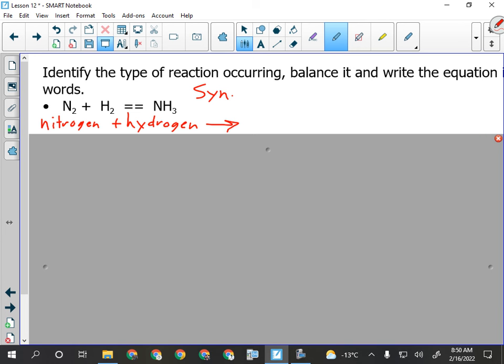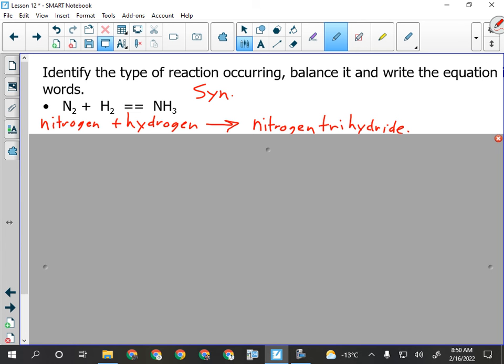Ionic or molecular? It's molecular. They're both nonmetals. How do I name molecular compounds? This would be nitrogen trihydride. Just naming molecular compounds.